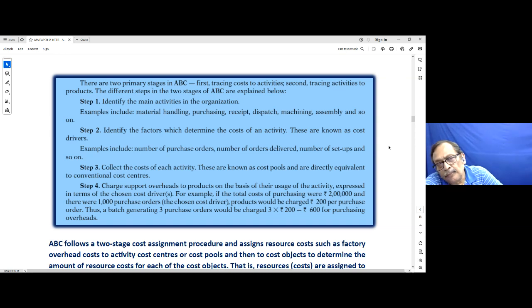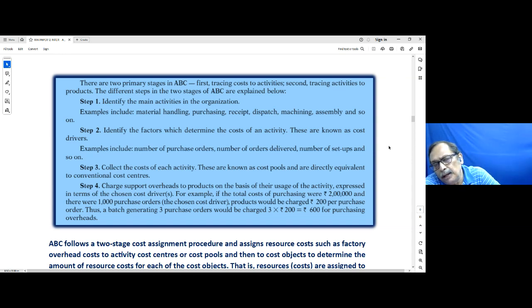Now, what I have written, there are 2 primary stages in ABC. What are those? First, tracing cost to activities, and secondly, tracing activities to products. The different steps in the 2 stages of ABC are as under.